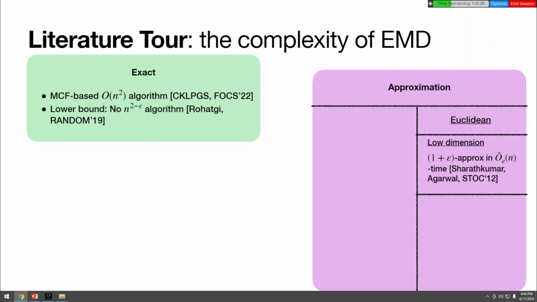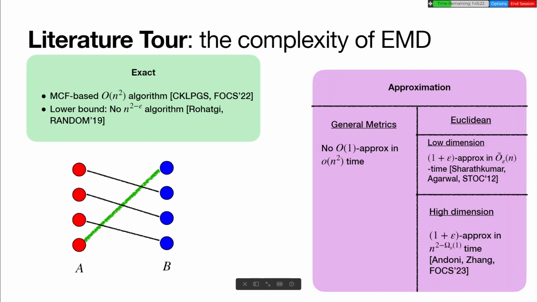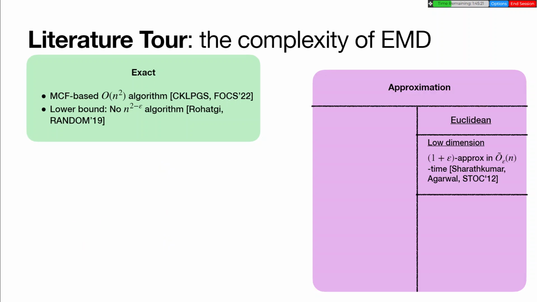And what happens if we are in high dimension? A very recent paper, Andoni and Zhang, FOCS 2023, showed that we can achieve a 1 plus epsilon approximation with strictly subquadratic time, although how subquadratic depends on the constant epsilon.